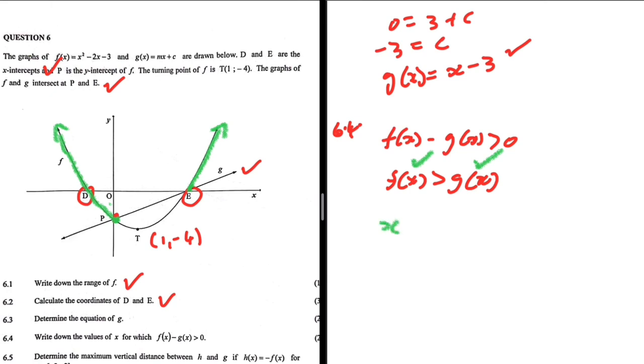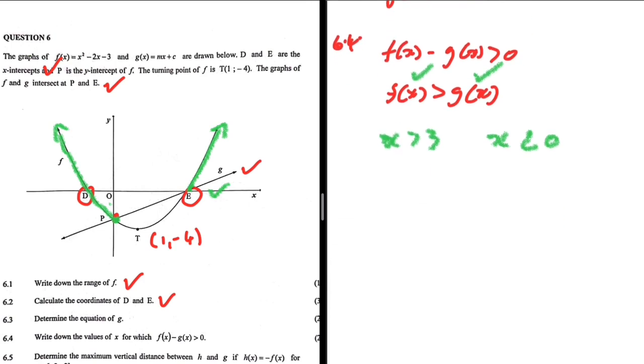When x is greater than 3, f of x is greater than g of x. That is the x value of e. And when x is less than 0, then also f of x will be greater than g of x. That is all we need to do for that question, 6.4. Let's move to 6.5.